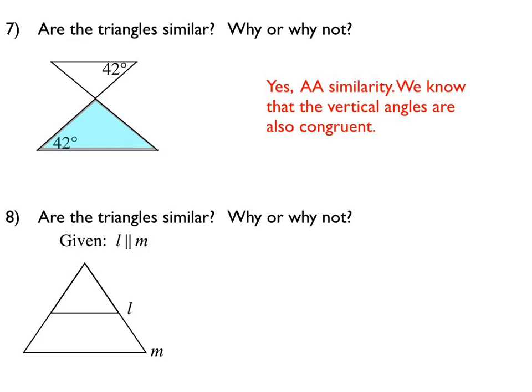And then number 8, really a similar situation here. Are these two similar, yes or no? Yes, they are. And let me show you by angle-angle. The key piece of information here is the fact that line segment L is parallel to line segment M. So what happens is we have corresponding angles right here. This angle is congruent to this one. But if I were to split these up, this angle right here is congruent to itself.